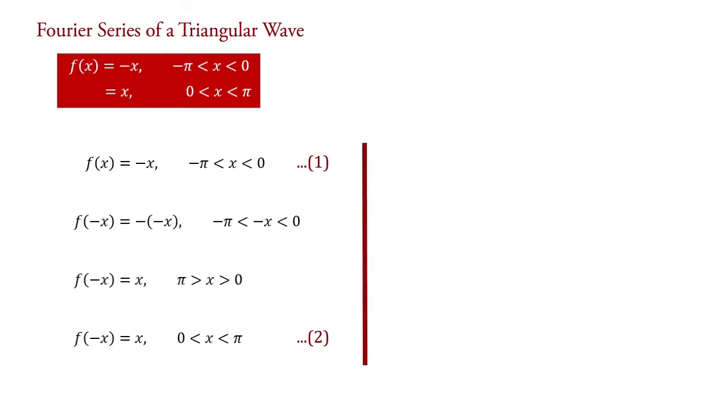And for the other part of the function, f of x equal to x for 0 less than x less than pi, say equation 3. Take x equal to minus x, and therefore f of minus x equal to minus x for 0 less than minus x less than pi. Now we change the sign of inequality and the sign of quantity simultaneously as in the first part.